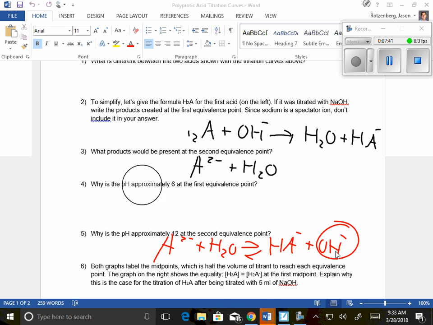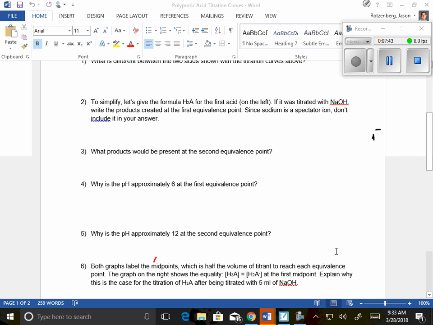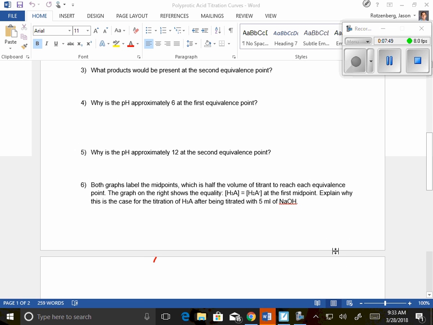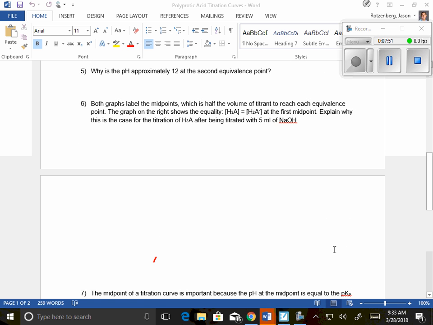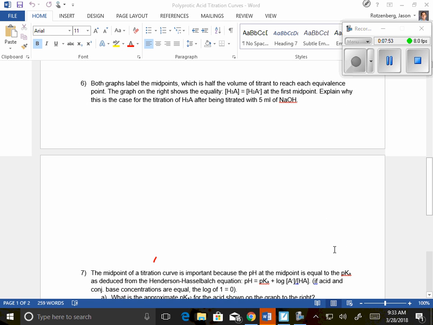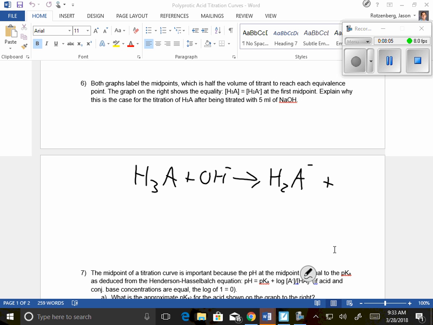So, if I write down for that number 6, that first expression, H3A plus OH minus makes H2A minus plus water, similar to what we did above.